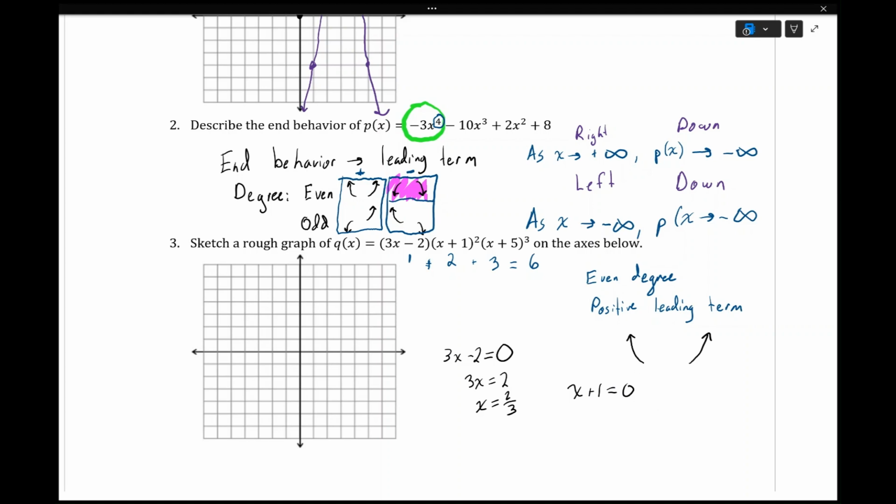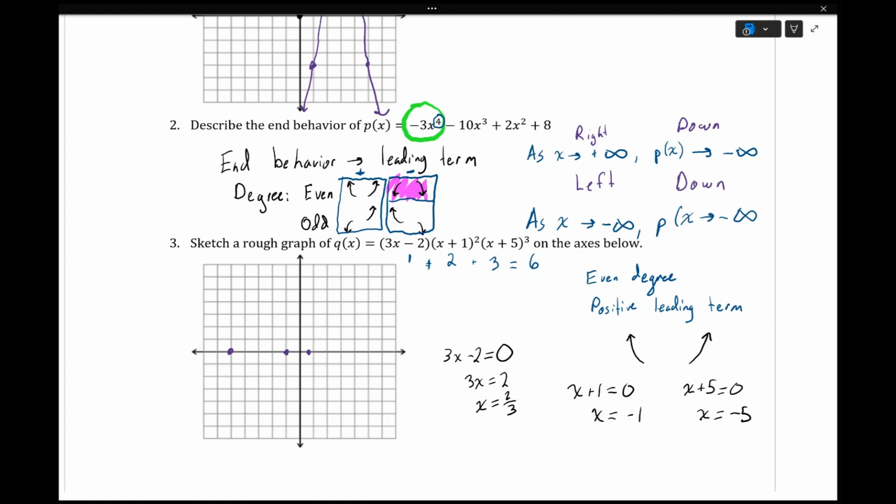I can subtract 1 from both sides, and I get x equals negative 1. And similarly, for x plus 5 equals 0, I get x equals negative 5. So I'm going to mark those in purple on my graph. So here's my 2/3. Here's my negative 1. And here's my negative 5.